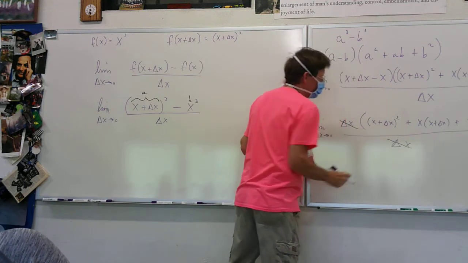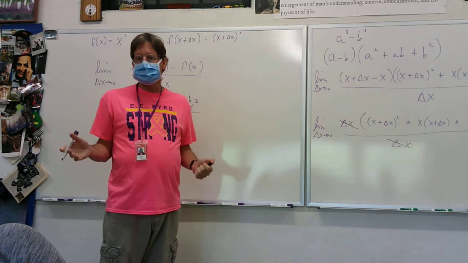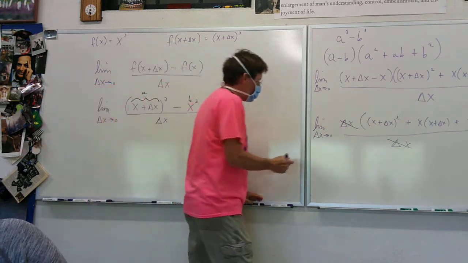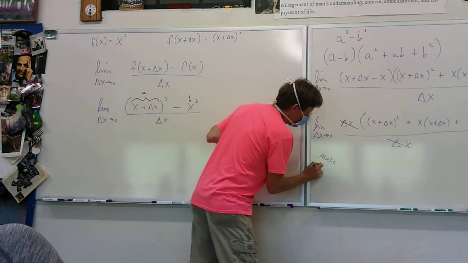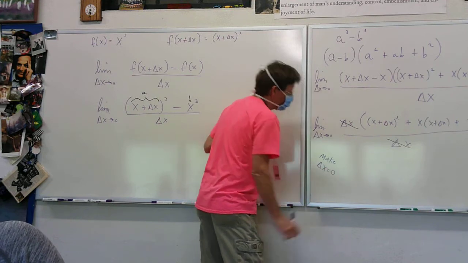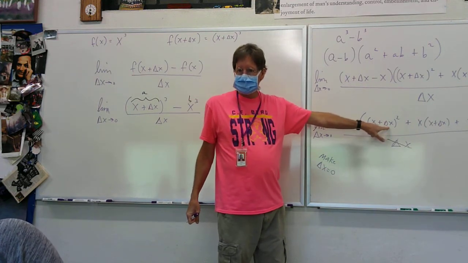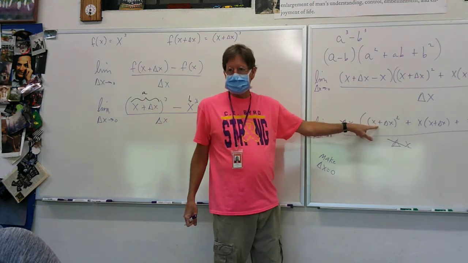Once that delta x divides out, you can make delta x equal 0 and see what happens. So now, make delta x equal 0. Okay, you put a 0 there. And what's going to happen? You're just going to get what? X squared.